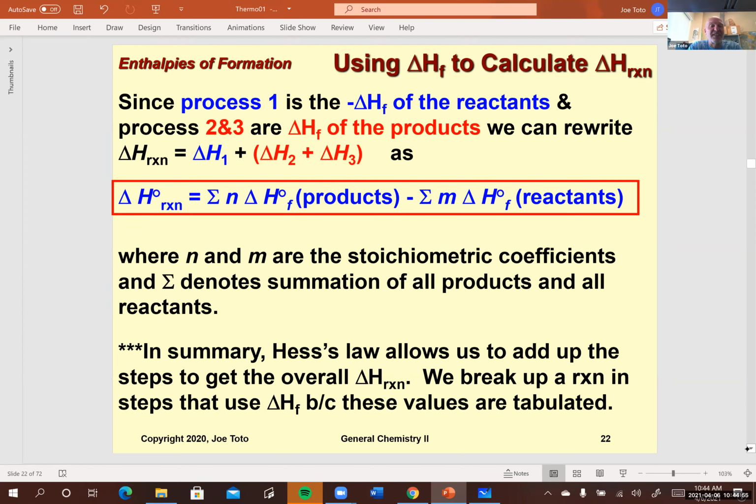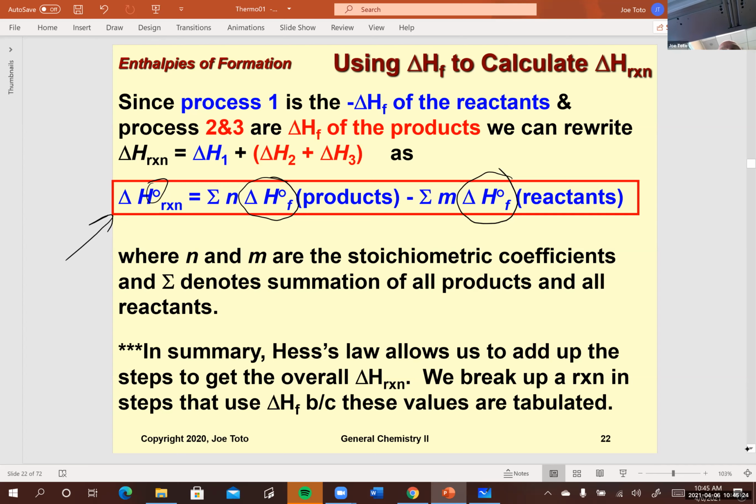You just have to understand this equation and plug in those values. For example, this equation here tells us how to calculate the delta H of any reaction under standard conditions. That's what that 0 is. By using the delta H of formations that are published in your textbook or online.